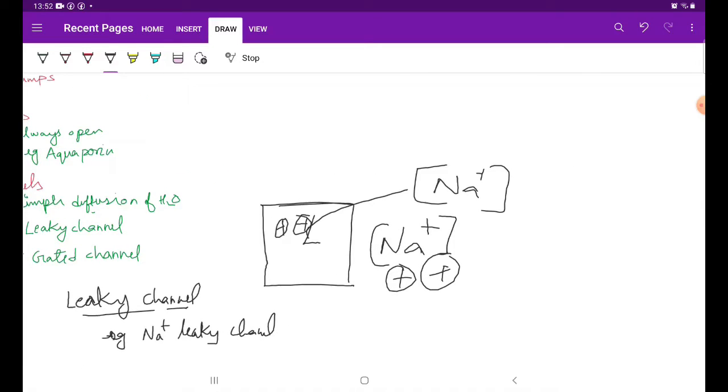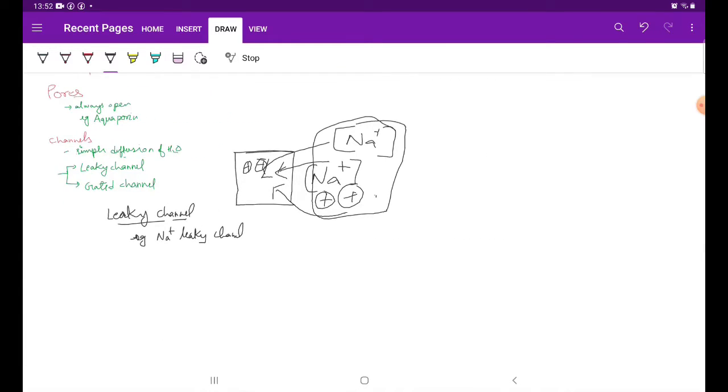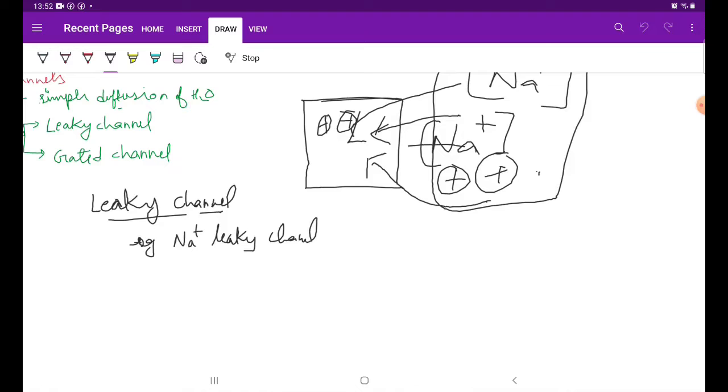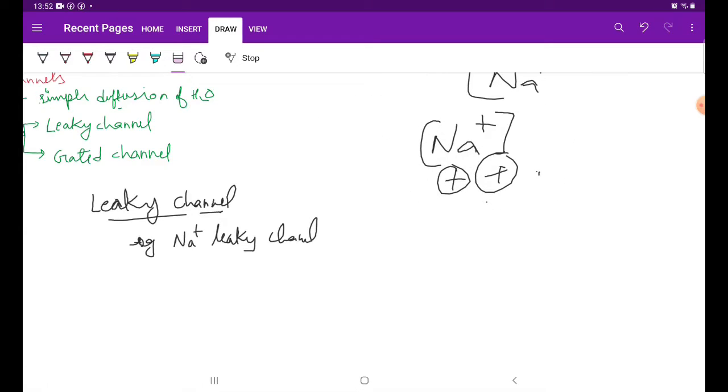And because of the electro gradient, as the sodium number is more, the cation concentration, the positive charge, is also more outside, so it also moves into the cell. So the sodium is moving inside the cell all the time. Because of this it is called a leaky channel. The sodium keeps on leaking inside the cell, and that is the reason it is called a leaky channel.